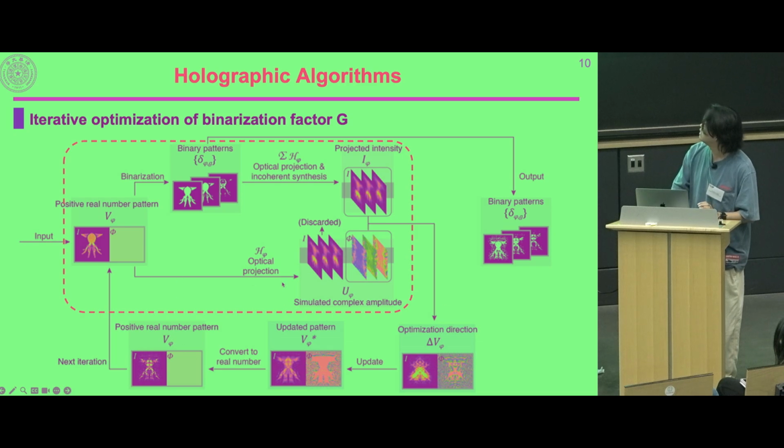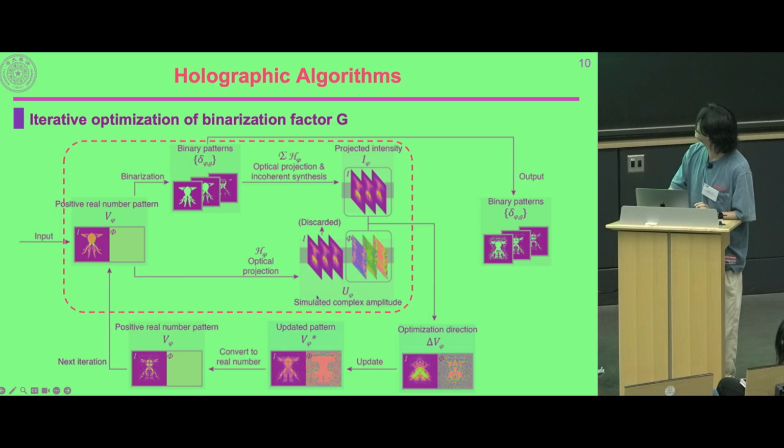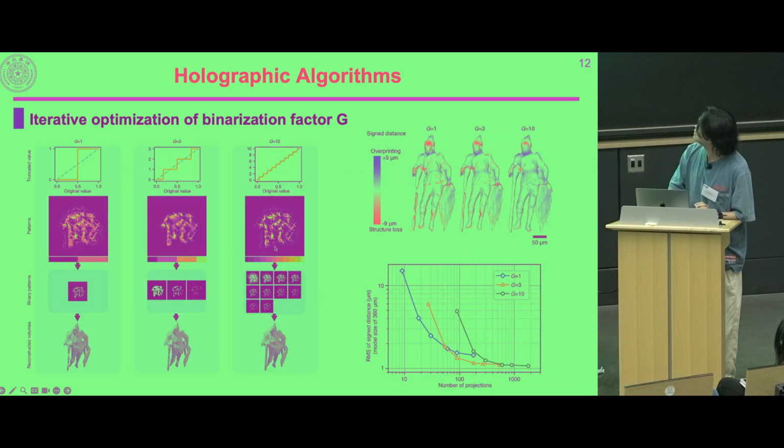We use a loss function to minimize the error of the holographic illumination. And by optimizing the binarization factor G, we were able to achieve a very high resolution 3D printed structure. Increasing the number of projections also contributes to high resolution at the same time. So we use 1,800 projections and the G10 parameter.